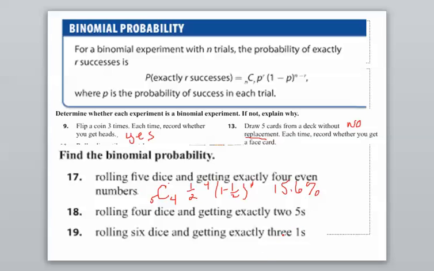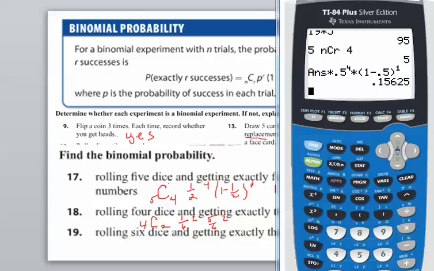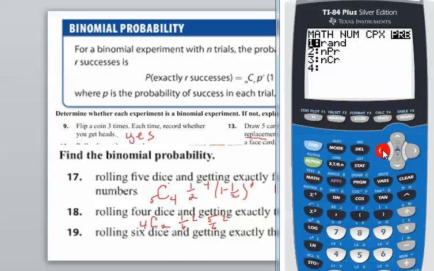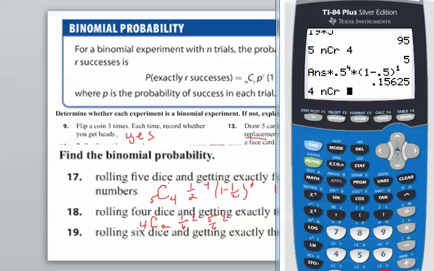Okay? Let's try another one. Rolling 4 dice and getting exactly 2 fives. Let's do the same thing again. We're going to roll 4 dice, 4C2, because they want 2 of them to be fives. So we want 1 out of 6 raised to the 2nd power, and 5 out of 6 raised to the 2nd power. So we're going to do the same thing. 4, math, go over to PRB, select number 3, then 2, hit enter.